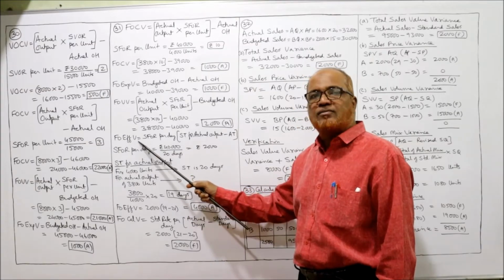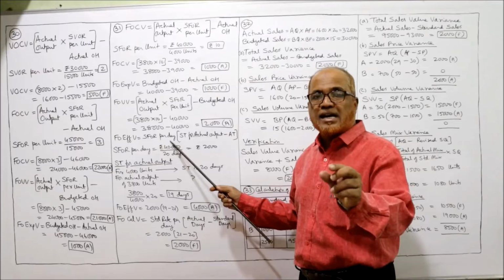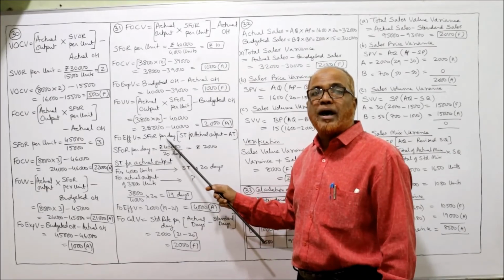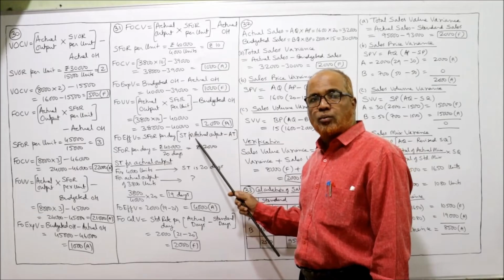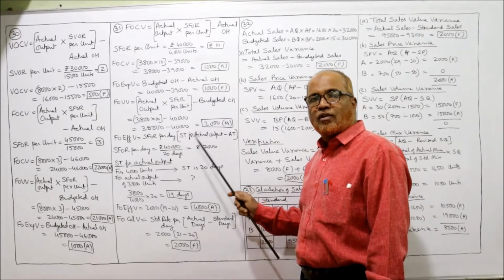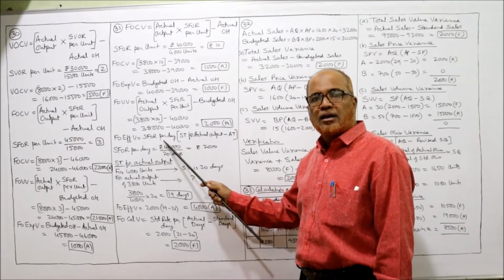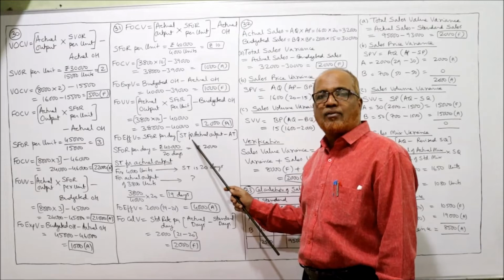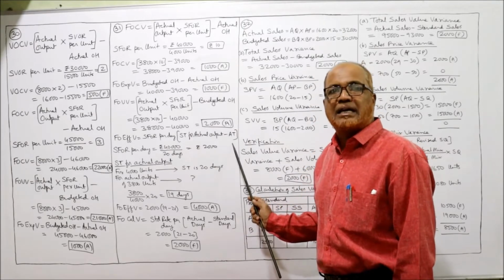Fixed overhead efficiency variance is equal to SFOR per day, standard fixed overhead rate per day, into standard time for actual output minus actual time taken.